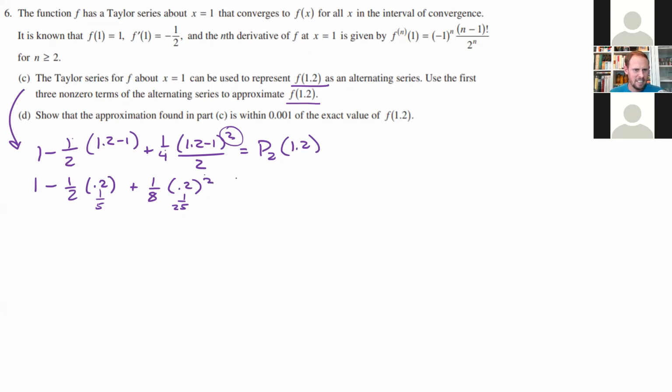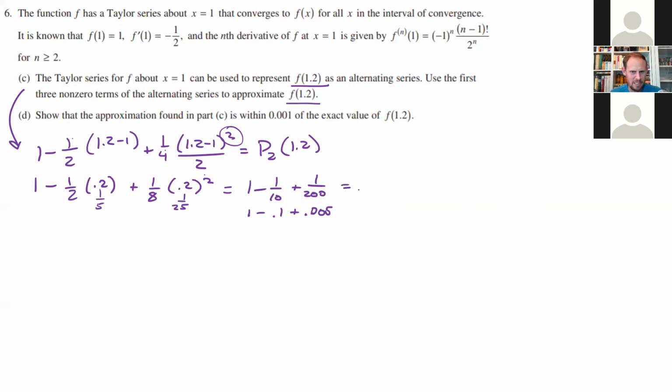Here we go. So it's going to be 1 minus 1/10 plus 1 over 8 times 25, which is 1/200th. So that's 1 minus 0.1 plus, what is 1/200th as a decimal? 0.005. 1/100th would be that, so 1/200, yeah, I think that'd be that.